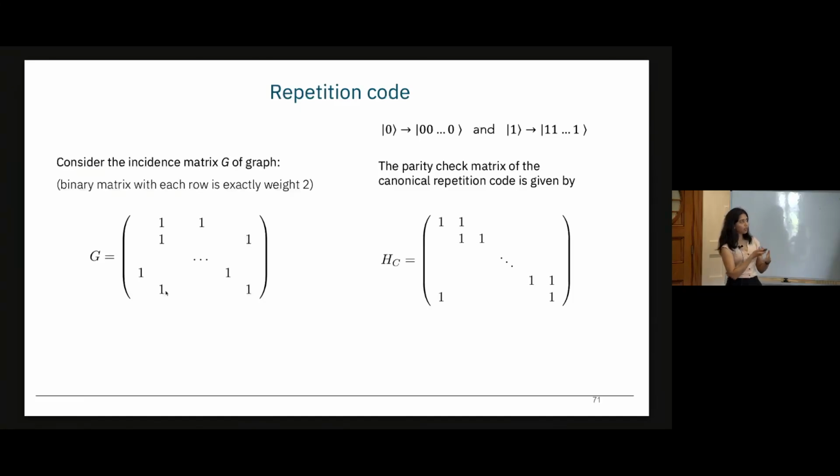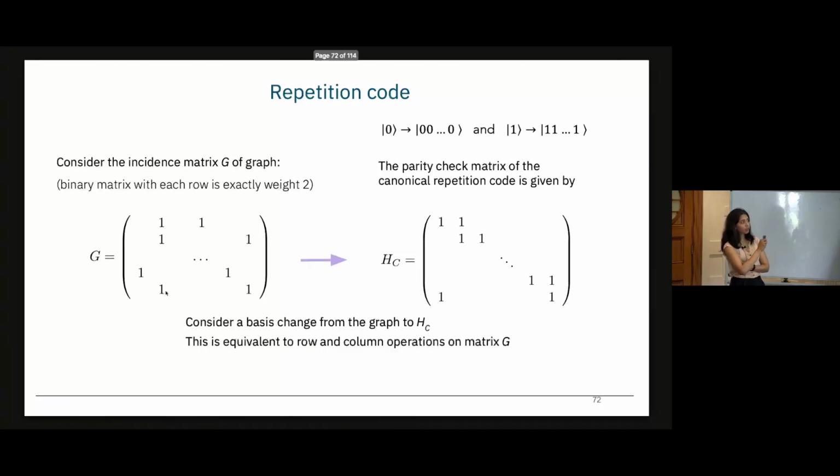And this is pretty much the same thing as changing a stabilizer basis. You change stabilizer basis just by multiplying 2 stabilizers. You still have a stabilizer. It's the same group. So I'm going to now try to change this matrix to something that looks like a repetition code. This basis change can be described as solving an equation, which is like a linear transformation on G that gives you the repetition code.